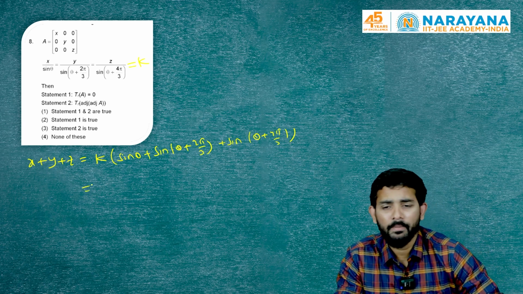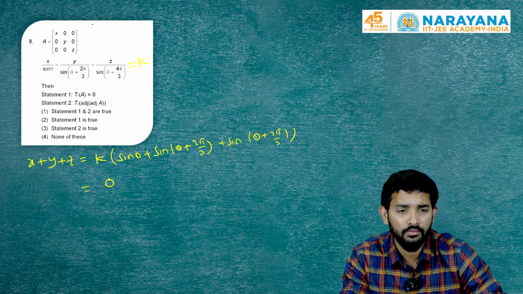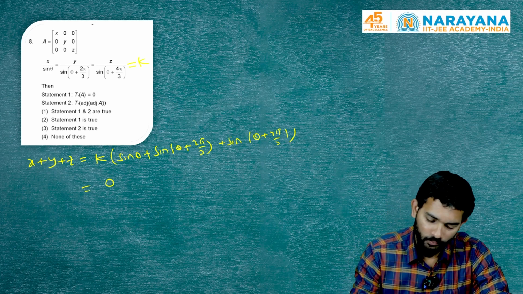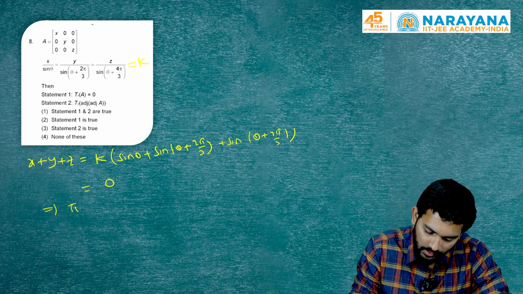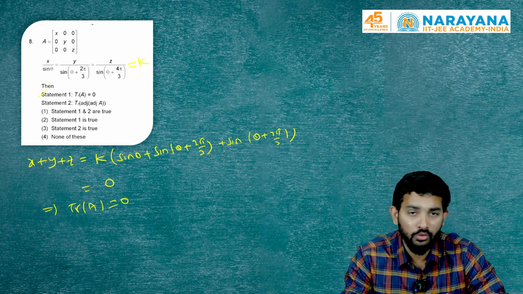So sine theta plus sine 120 plus theta plus sine 240 plus theta, which is 0 by transformations. If you apply transformations and simplify, you will get that sum to be 0. So trace of the matrix A is equal to 0, which means statement 1 is true.